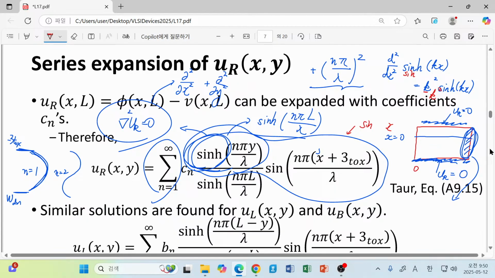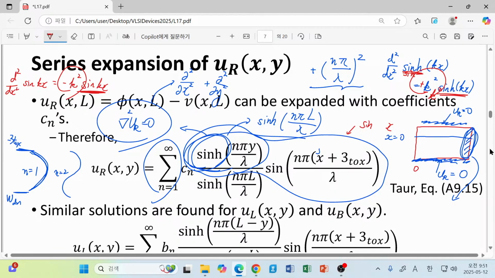Are you with me? I mean that if you have sine kx, then it becomes minus k squared sine kx. It just recovers itself with an eigenvalue corresponding to minus k squared. And in the case of a hyperbolic sine function, it comes back to itself, hyperbolic sine, however with a positive coefficient k squared.